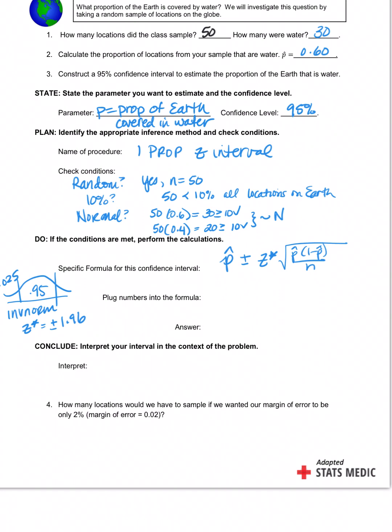Now we have all our values to plug in. So p hat is 0.6 plus or minus our Z star, and we can plug this in. And n was 50.